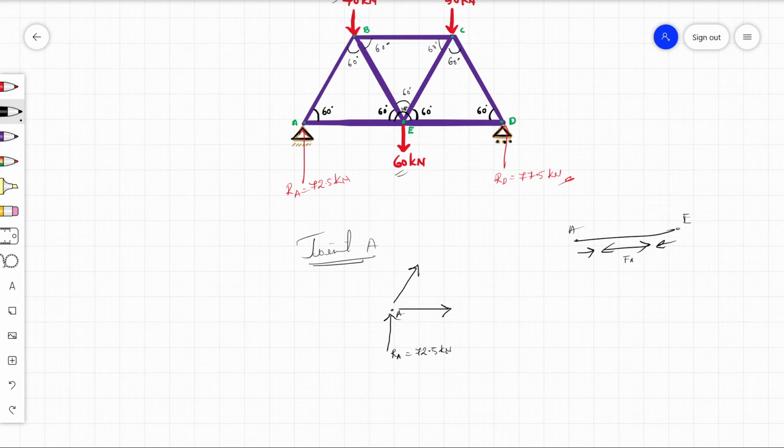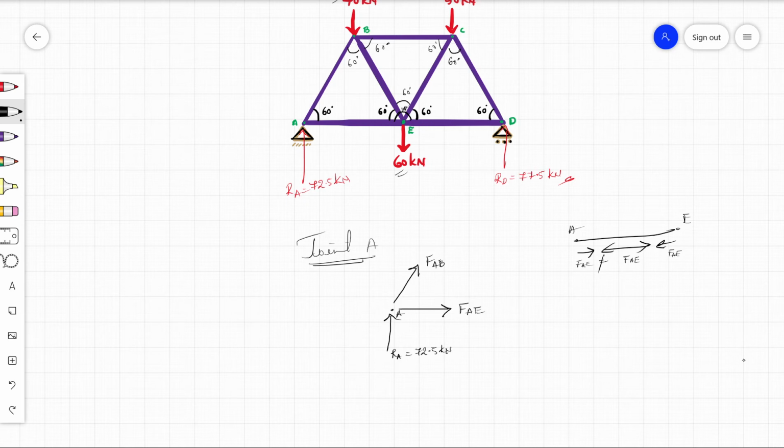If this force is FAE, this also should be FAE itself. If this is not equal to FAE, the member will start to fracture or deform. So this force is FAE, and force in the AB member is FAB.